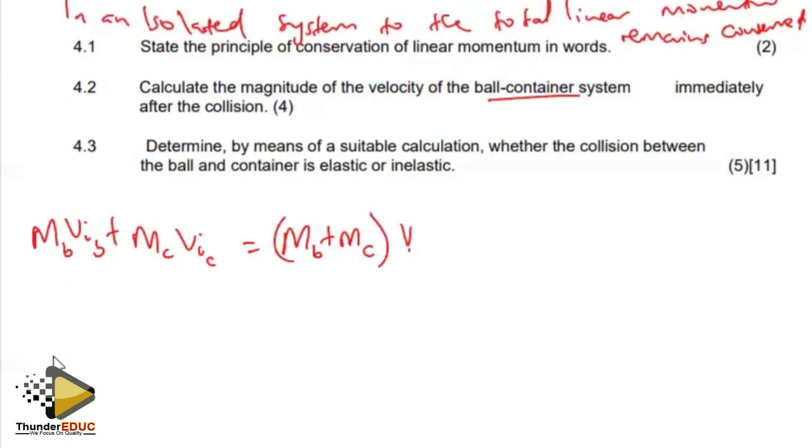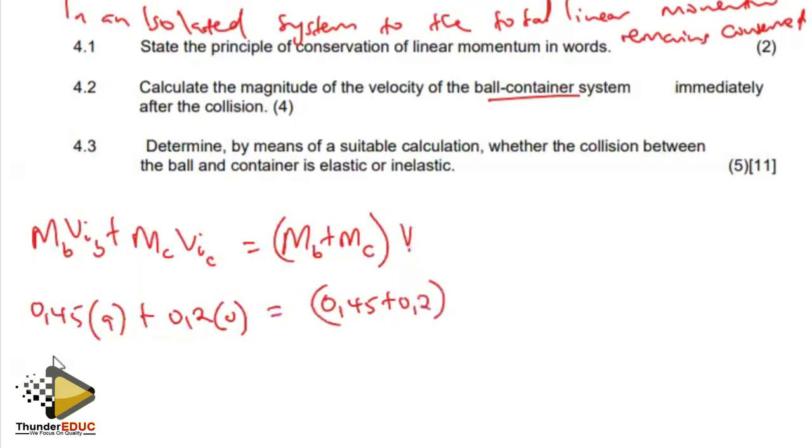The mass of the ball is 0.45, and they told us it's moving at 9 east. Plus the mass of the container, which is 0.2, but initially it was at rest. This gives us 0.45 plus 0.2 times V final. So this dies out to a 0.